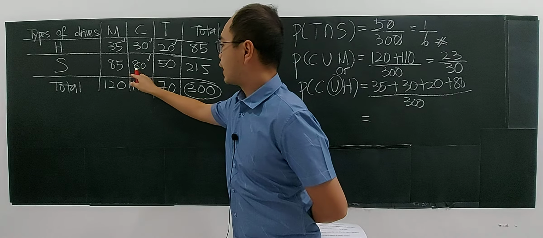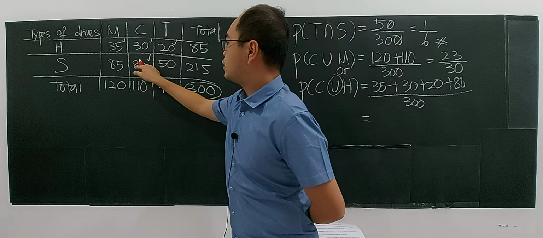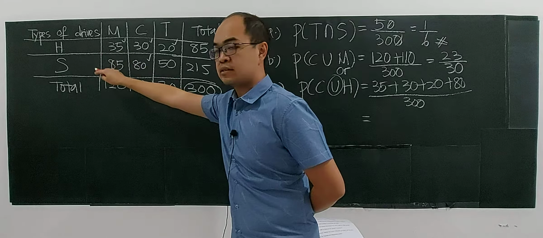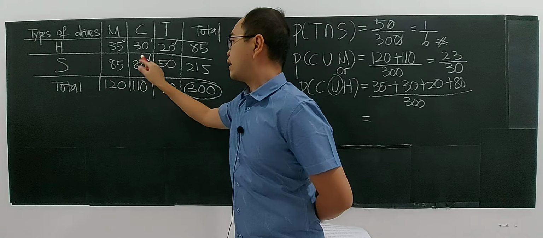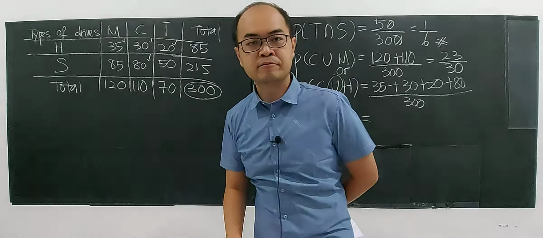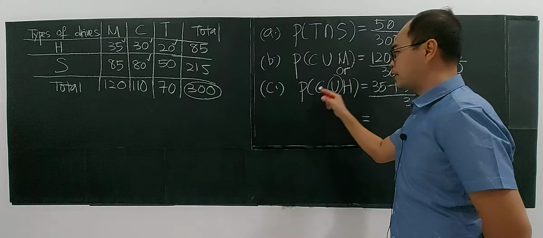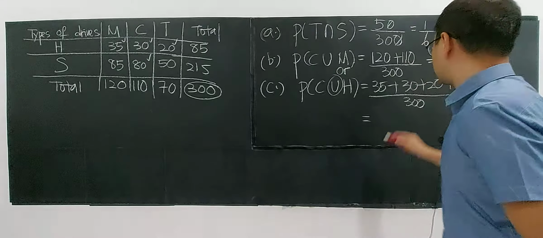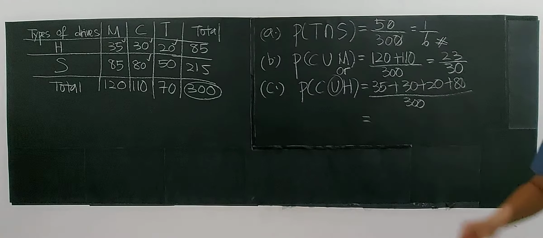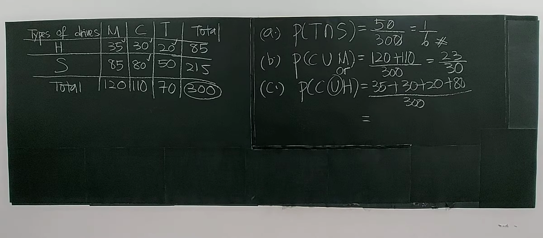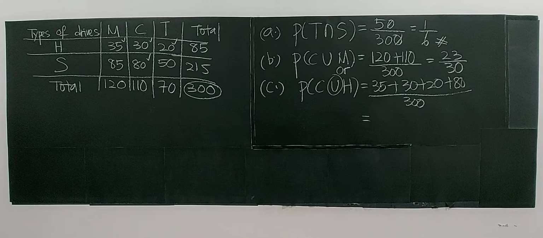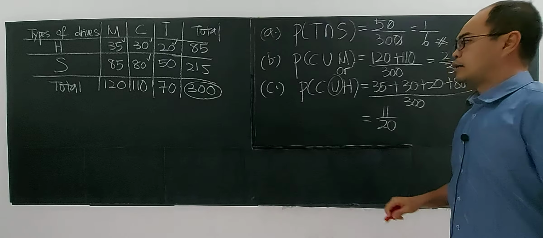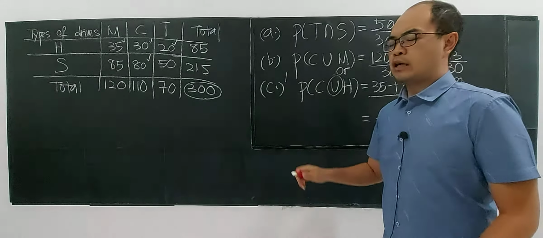The 80 here is not a hard disk drive, it's a solid state drive, but why is it still included? Because it came from China. Either manufactured in China, I okay, or hard disk drive, I okay. So that's why I add up these four numbers and we get the probability. Then we get 11 over 20.